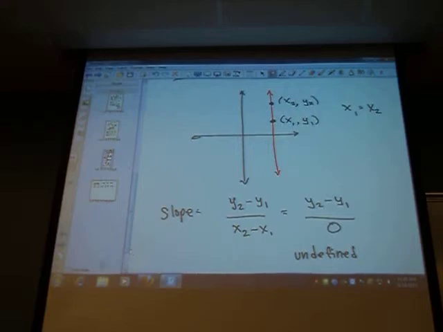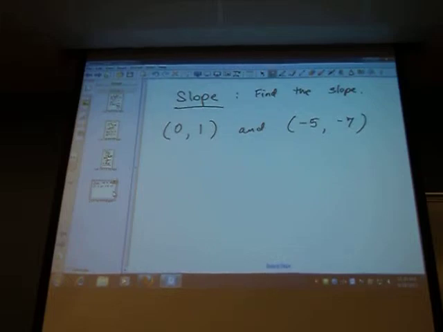First thing I would do here is I would label my points. And it doesn't matter which one you call x1 or y1 or x2 and y2 as long as you're consistent. So I would just call my first point x1 and y1. My second point I would call x2 and y2.